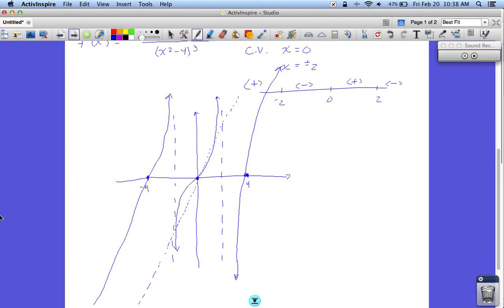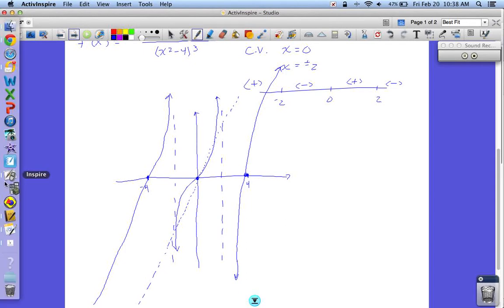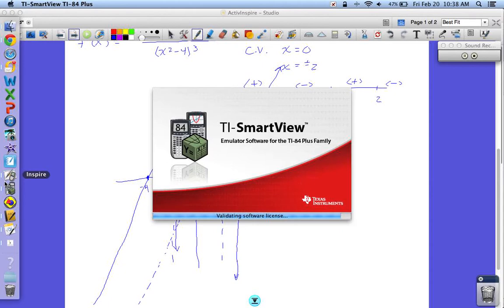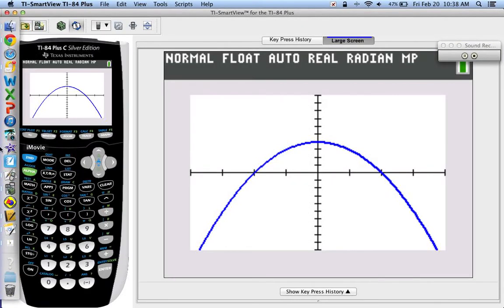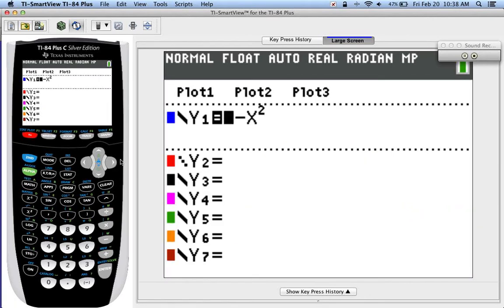So let's look at what this looks like on an actual calculator to get a little better idea. And you'll see why it's hard to drag along that slant asymptote there. So our original function, remember, was 3x squared minus 16 divided by x squared minus 4.